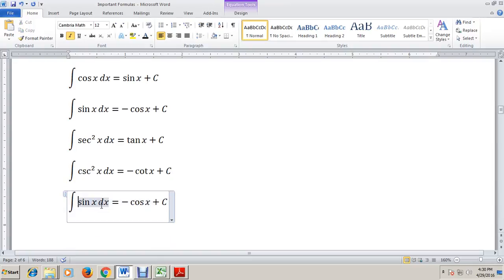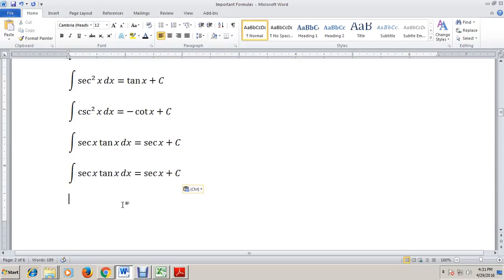So we have the integral of secant x tangent x dx, which should give us secant x then plus c.